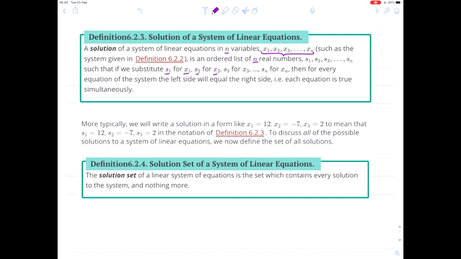Usually we won't even bother writing these s's, we would just write a solution in a form such as x1 equals 12, x2 equals minus 7, x3 equals 2.